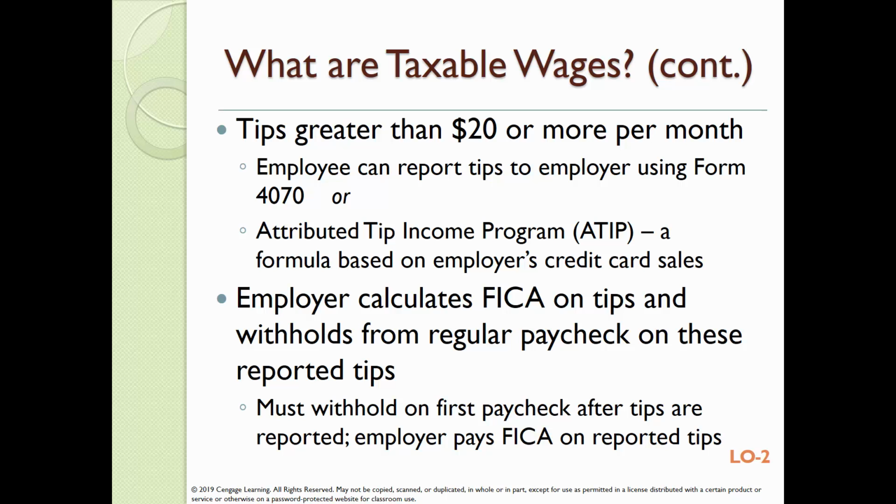Okay, now, what happens if I go over that? Let's do some examples. Let's say that I worked 40 hours at minimum tipped wage, and I reported tips equal to $600. Can you figure out how much FICA you're going to take out of my paycheck?